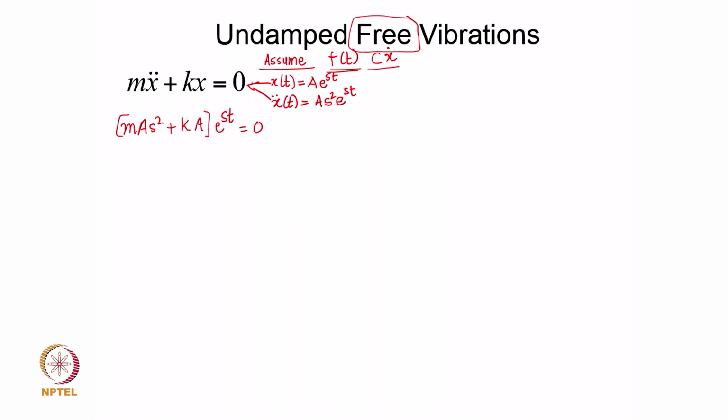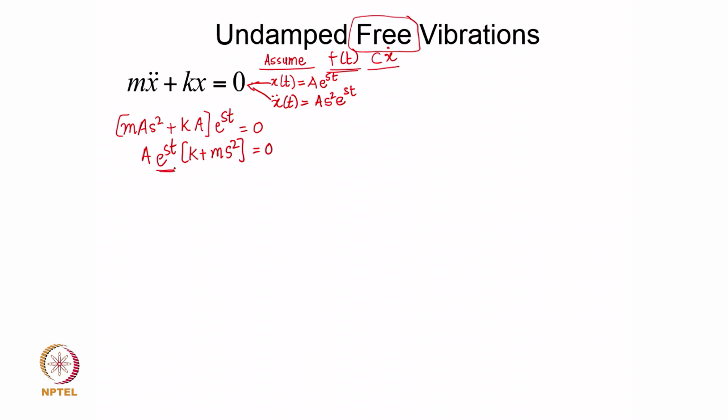In fact, a will also get out. So, if I take A out and e to the power s t out, essentially you get k plus m s square equals 0.